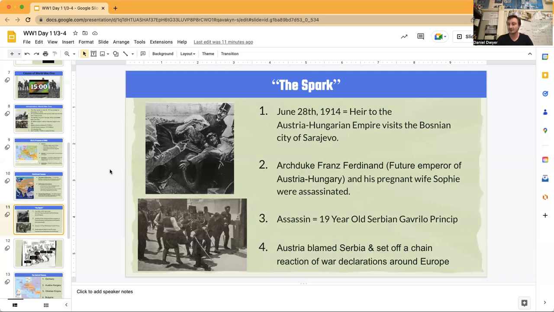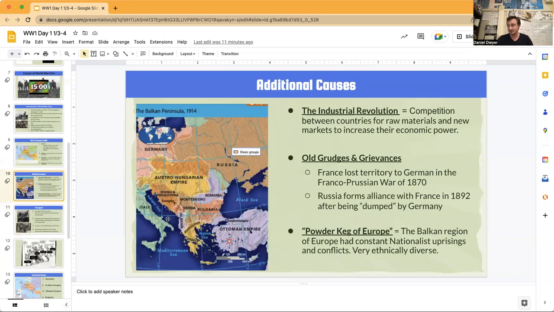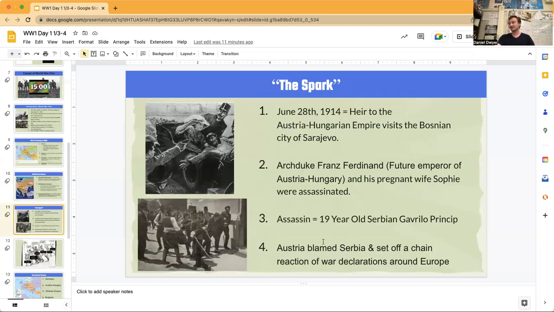So again, they're not even in Serbia. Serbia is right here. Bosnia is right here. So they are going to be mad at Serbia because the guy was part of a Serbian group, sorry if I misspoke earlier, who does assassinate him. So Austria is going to blame Serbia, and that sets off the chain around all of Europe.